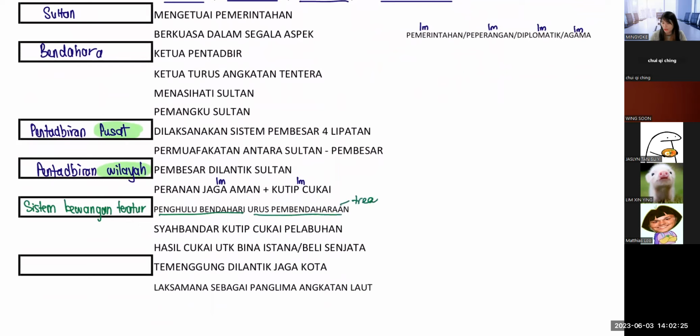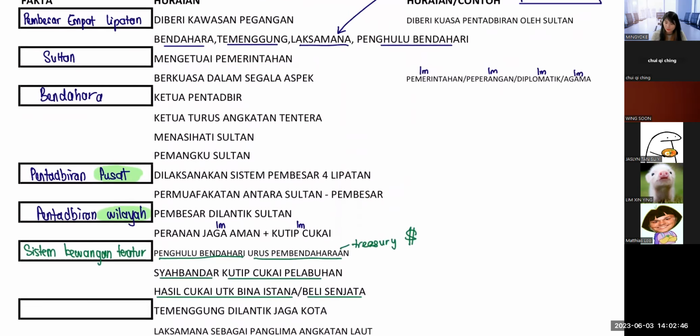Perbendaharaan is treasury. And Shah Bandar will also be involved in collecting cukai pelabuhan. Apart from that, their hasil cukai is untuk membina istana or membeli senjata.